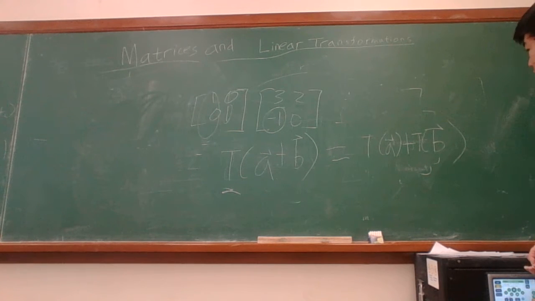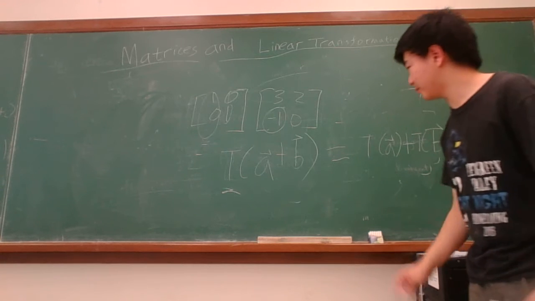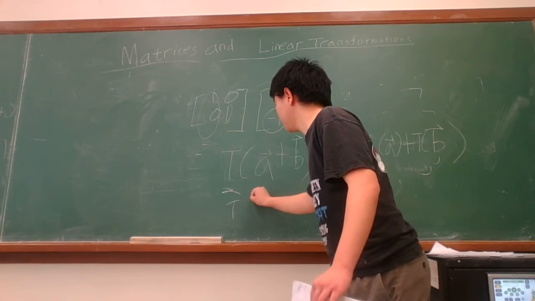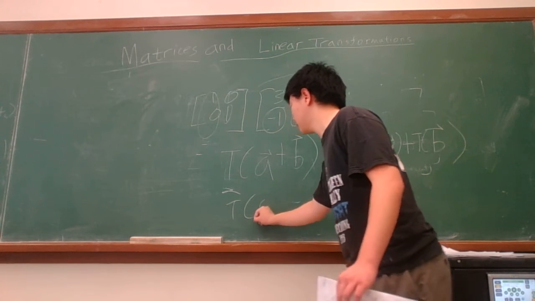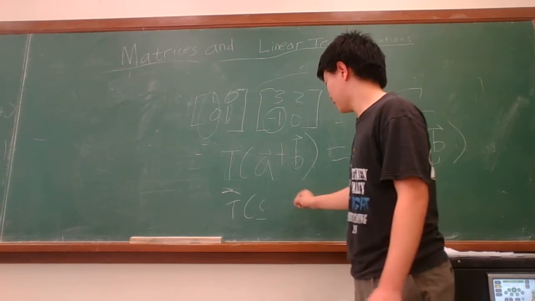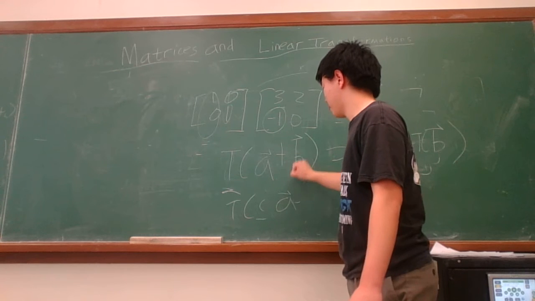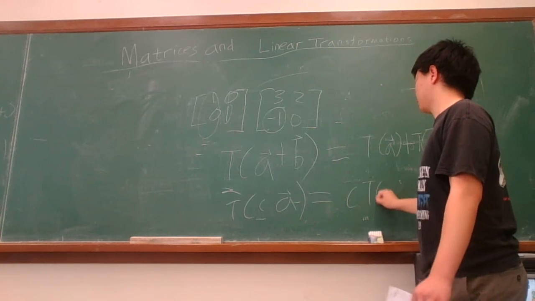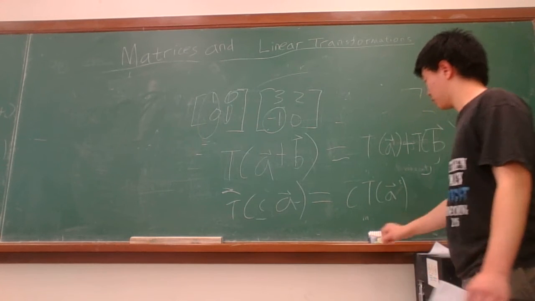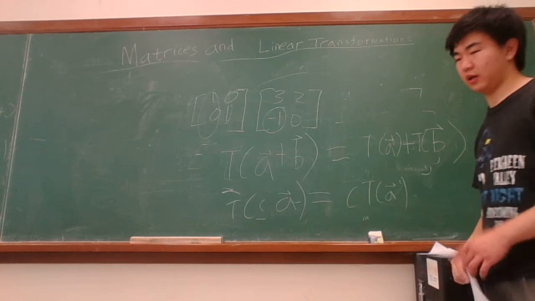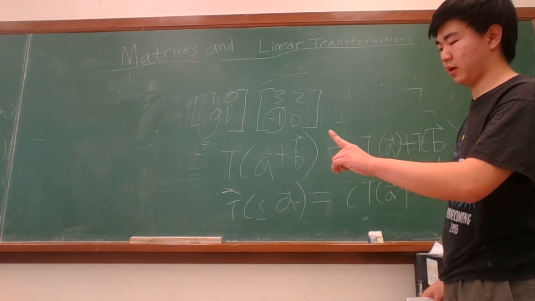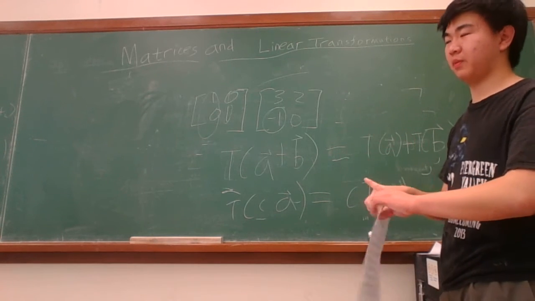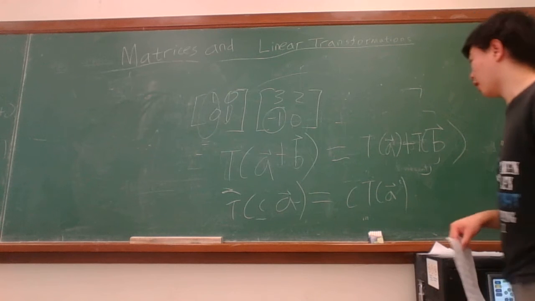All right. Second property is we have some scalar constant C times some vector A, and you can just pull that out. And this is what it means to be linear. Constants don't matter, right? You can think about it like a line, and you can just pull out that constant, the slope, and it's still a line.